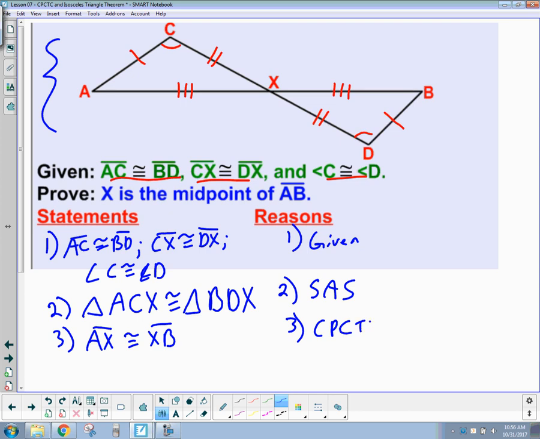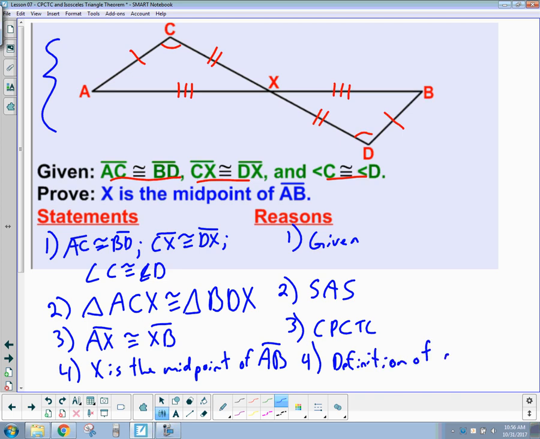Now I can say that X is the midpoint of AB, definition of midpoint. Remember, this stuff is using logic. You got to prove the triangles congruent first before you can use CPCTC. Then you can finish off with your proof.